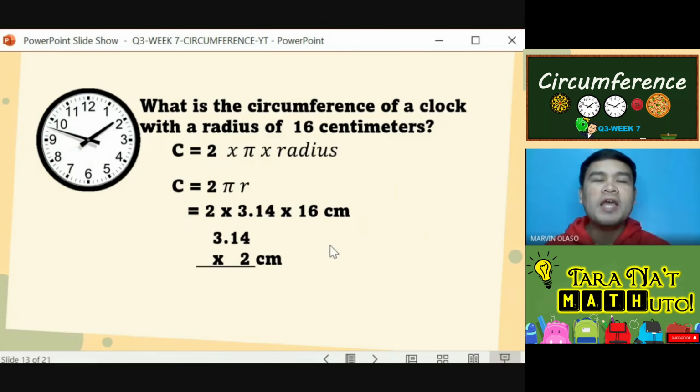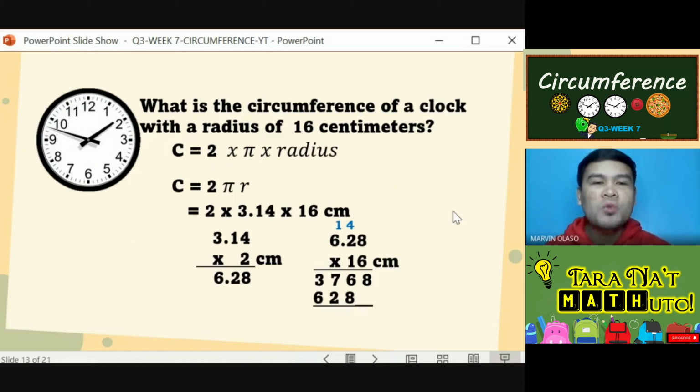First, multiply 3.14 times 2, which is equal to 6.28. Then, 6.28 times the radius, 16 centimeters. 628 times 6, we have 3,768. 628 times 1, we have 628. Then add, we have now the circumference, 10048.